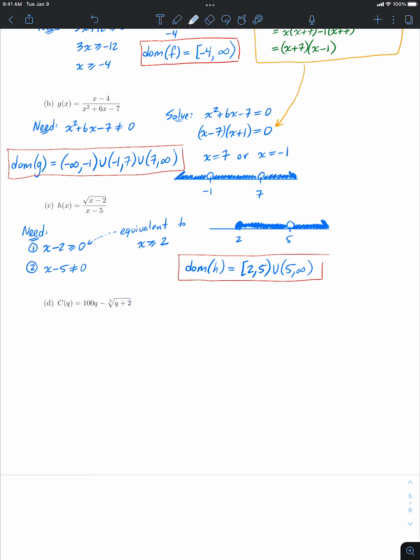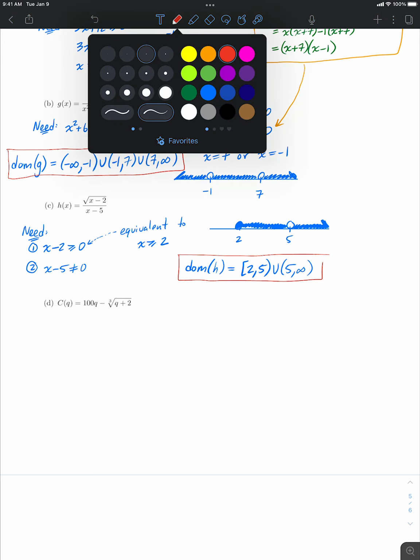But then we're going to take the cube root of whatever q plus 2 ends up being. But remember, cube roots are no problem. Odd roots, in fact, in general, cube roots, fifth roots, seventh roots, anything with an odd root causes no problems, and it introduces no domain restrictions. So again, there's no restriction there. And then subtraction, that's also no problem. There are no restrictions here.